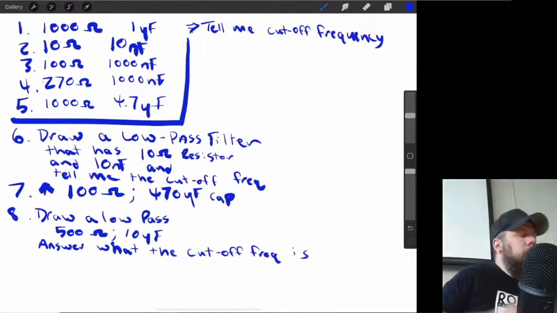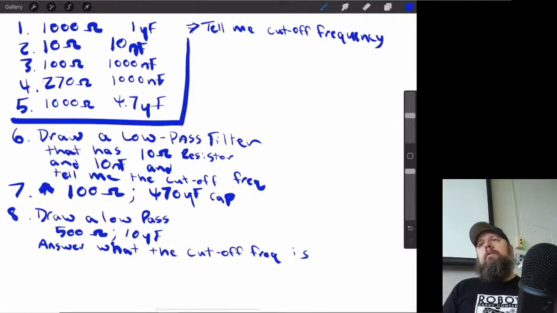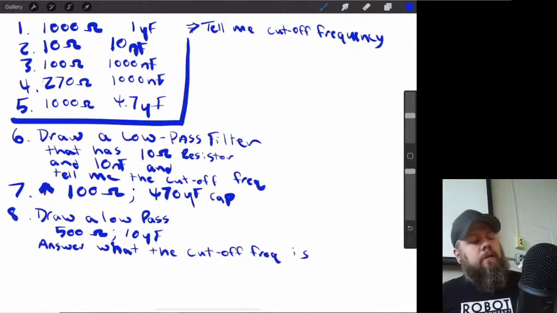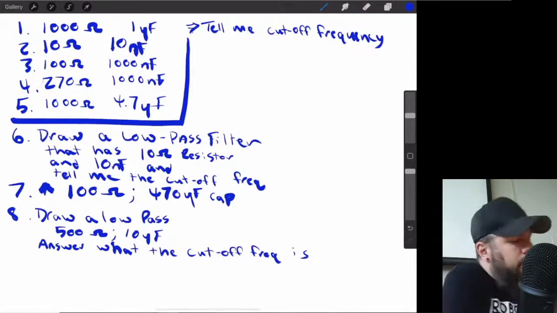All right, so 6, 7, and 8. You're going to draw a low pass and a high pass. I tell you what the resistor and capacitor have on them, but then find what the cutoff frequency is for it, okay? High pass looks like this. Oh, wait. That should be high pass.